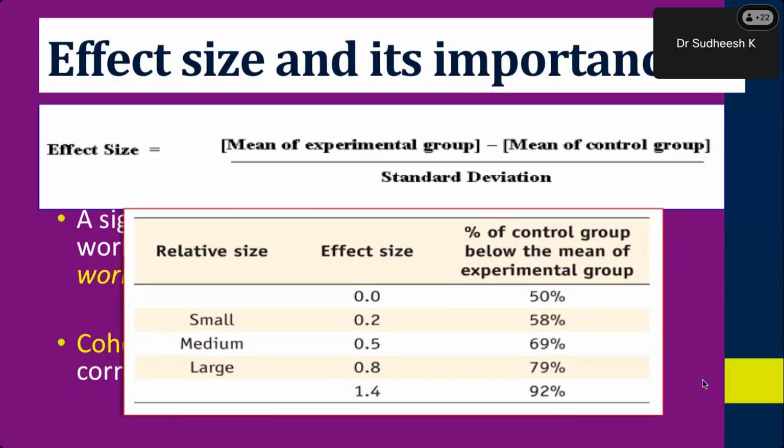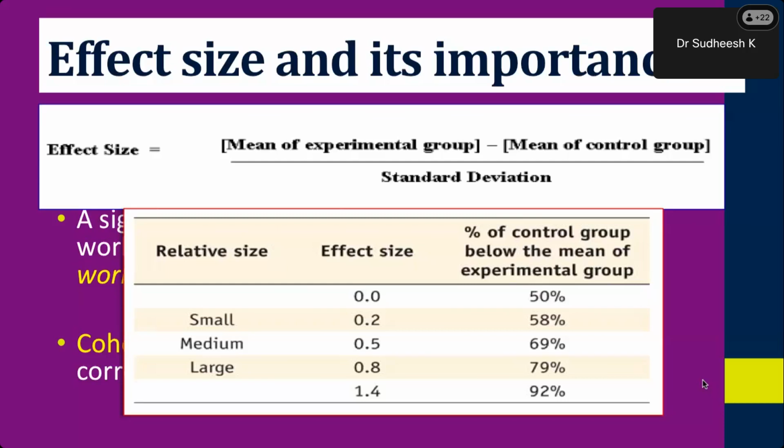If the effect size is small, around 0.2, it means that 58% of the patients of the control group are below the mean of the experimental group. If the effect size is 0.5, it means 69% of the control group is below the mean of the experimental group. If the effect size is large, it means 79 to 80% of the patients in the control group are below the mean of the experimental group.